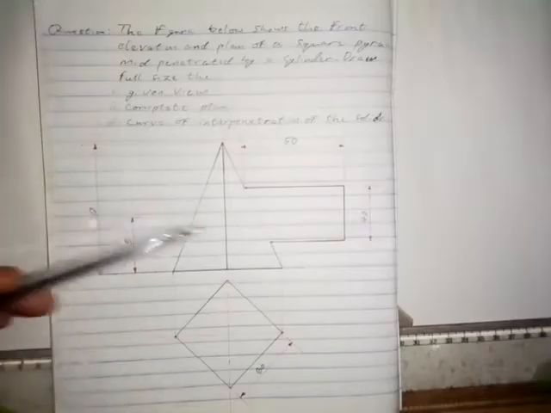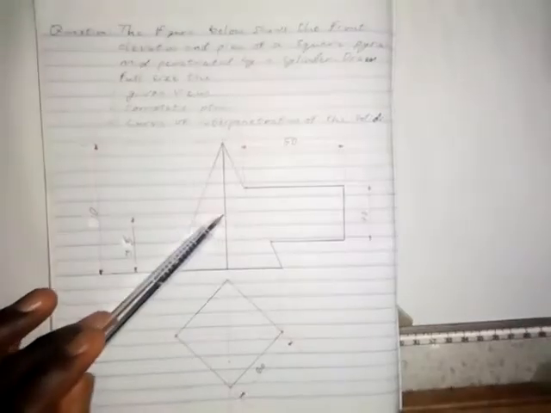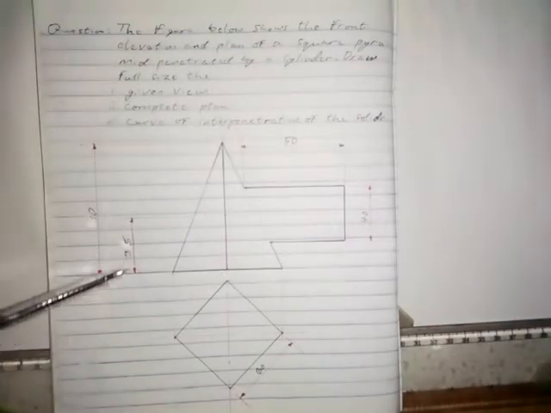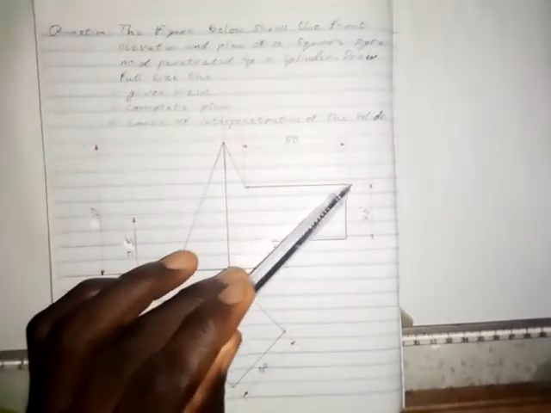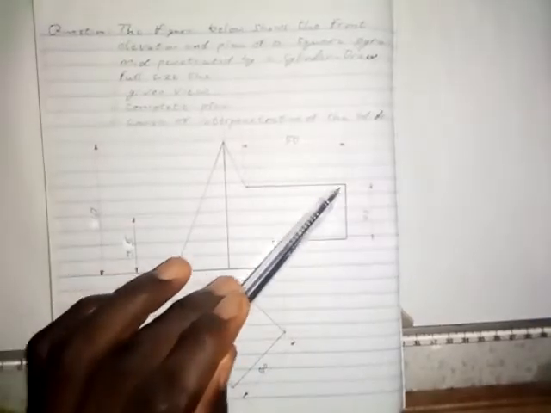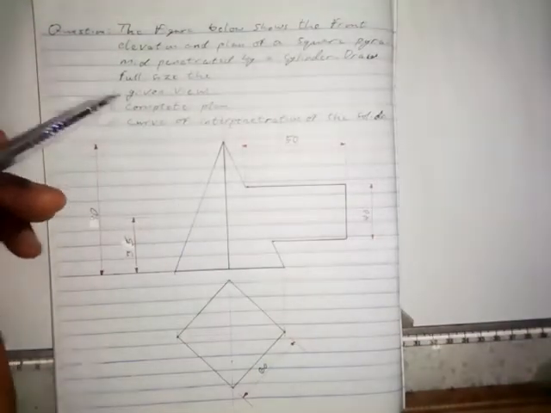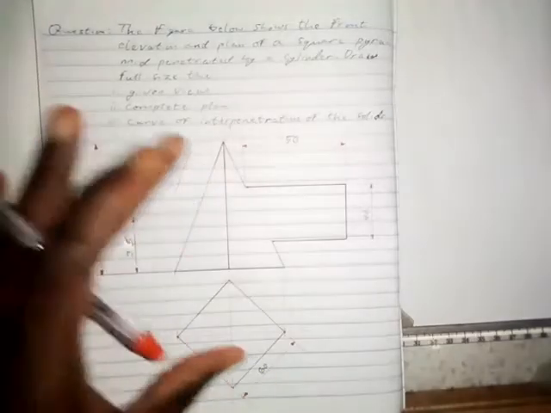The distance of the center line of the cylinder from the base of the pyramid is 35 millimeters, and the length of the cylinder is 50 millimeters, while the diameter of the circular base of the cylinder is 40 millimeters. As the question says we should draw the given views, the first thing we need to do is replicate what we see here.